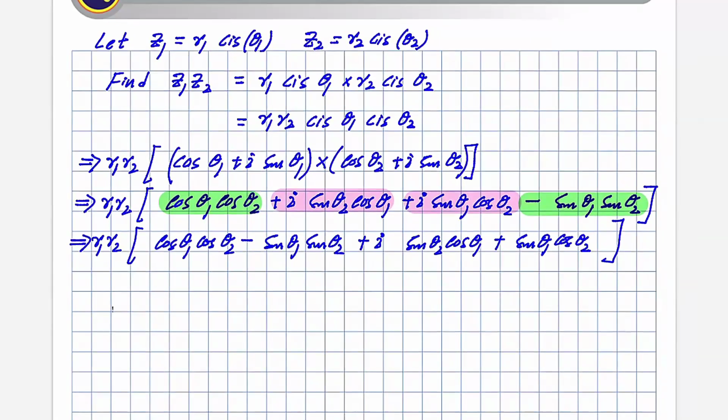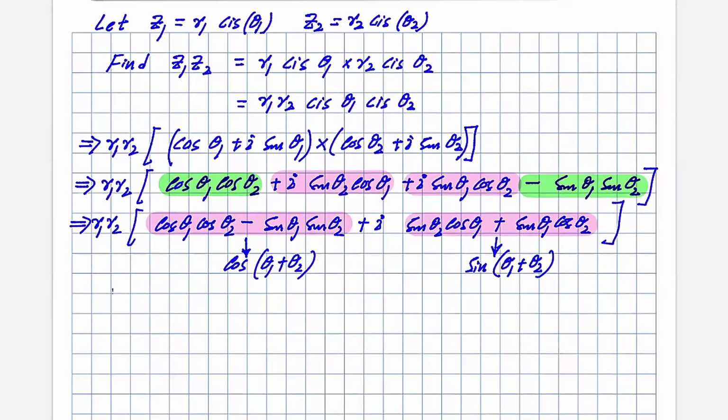So now you get this term over here and the other term over here. Now, if you look into your compounding angle formulation, this is going to be cosine theta 1 plus theta 2, which I discussed with you, right? This is going to be your sine theta 1 plus theta 2.